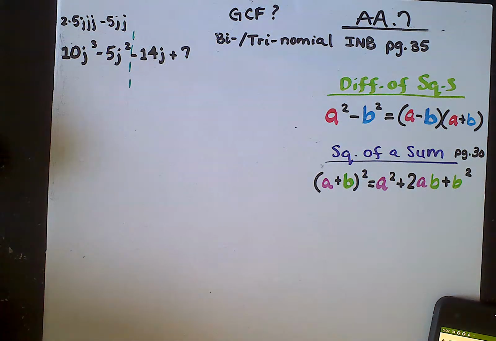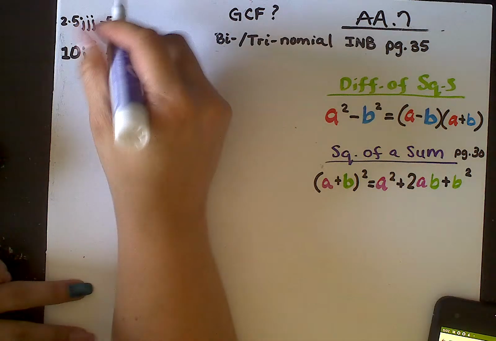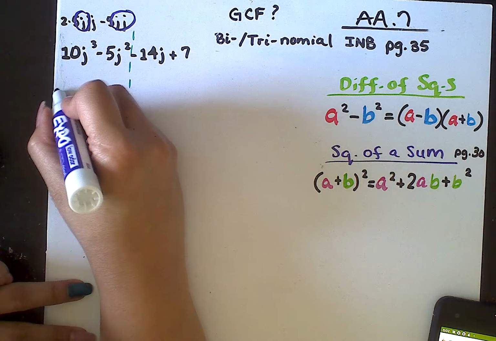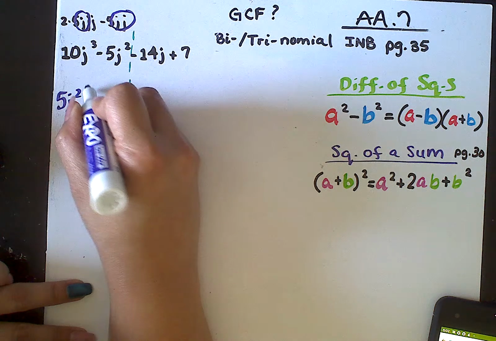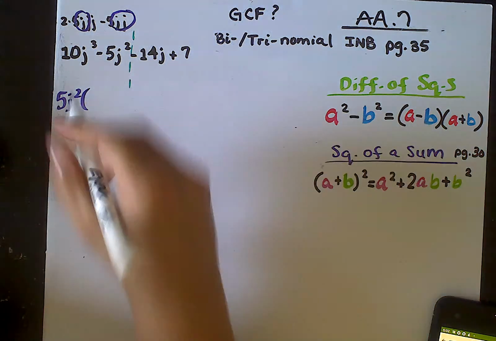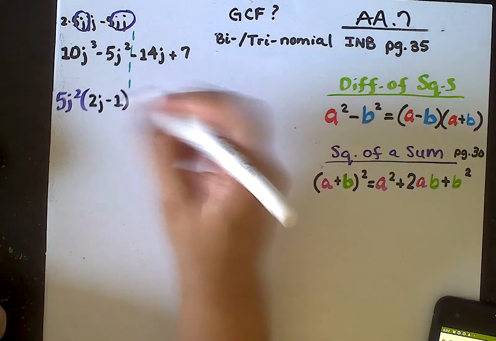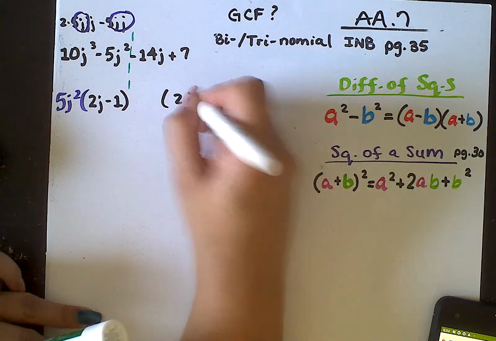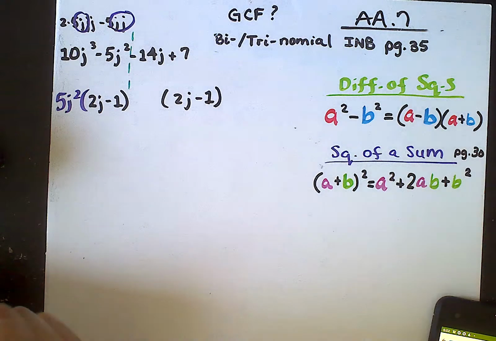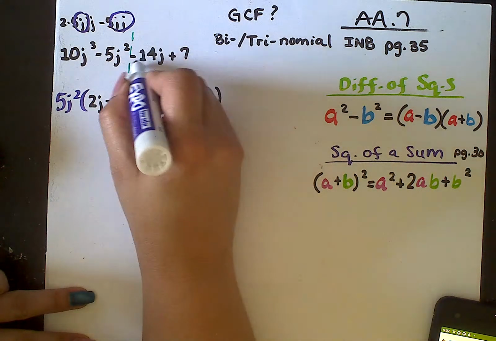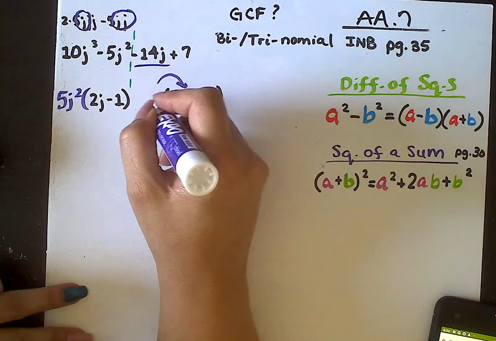Now they're being pretty easy with y'all. They're pretty much just taking out the second term there, which is 5j squared. And they're leaving you with 2j minus 1. So 2j minus 1. What times 2j is going to give you negative 14?